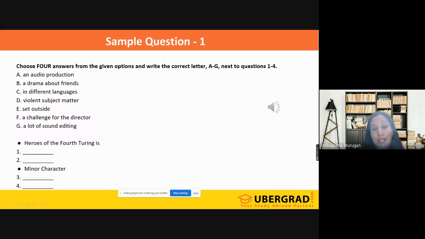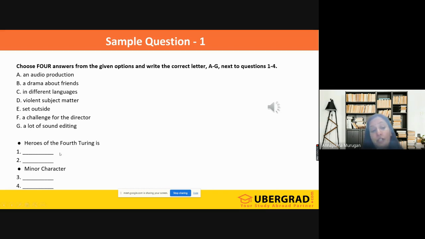Now, choose 4 answers from the given options and write the correct letters. You need to choose 4 options. That doesn't mean that you sit and look at all of these things. Look at what the question is. They are talking about 2 things: heroes of the 4th turning, and the minor character. So who are the heroes of the 4th turning?